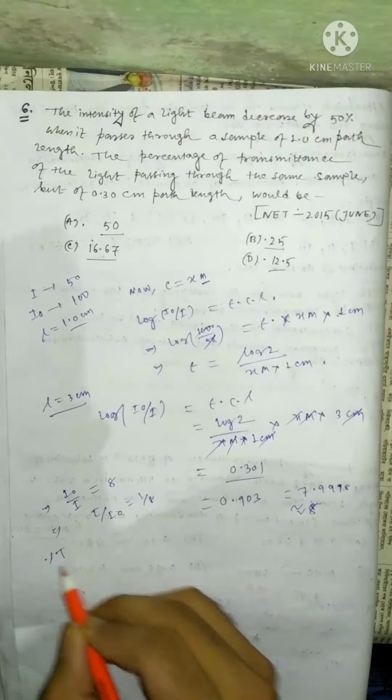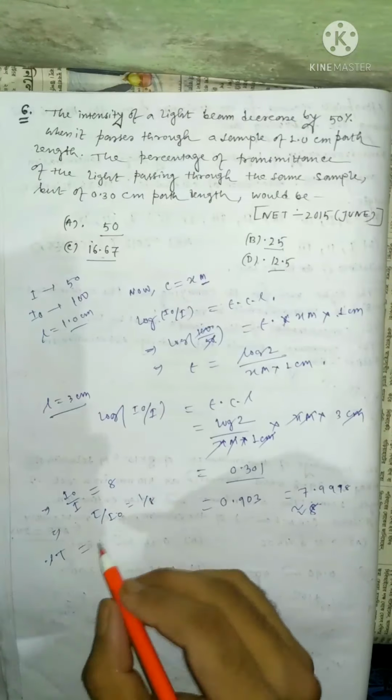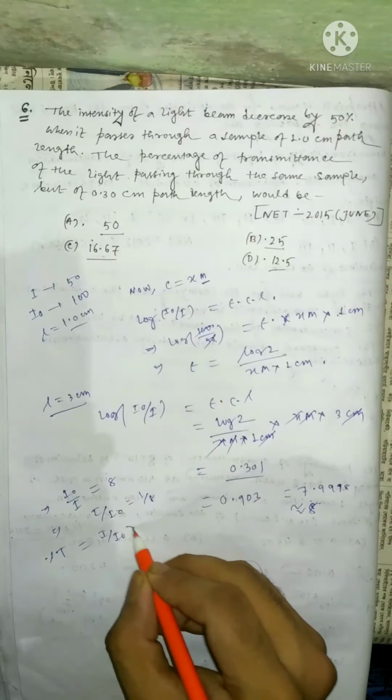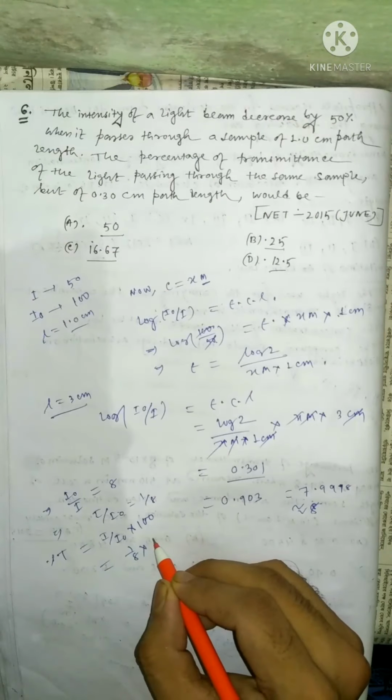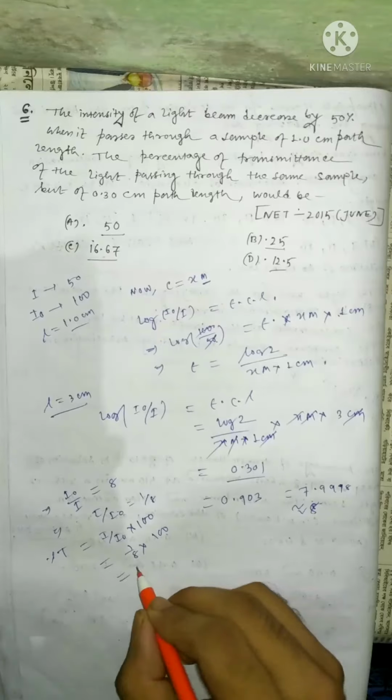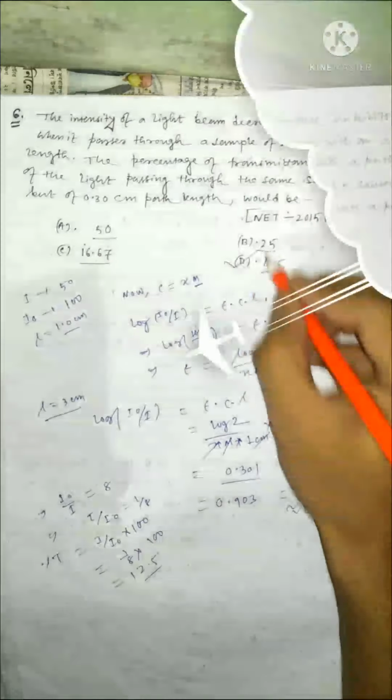Percentage of transmittance is I by I naught into 100, means 1 by 8 into 100, so 12.5 is the correct answer, option D.